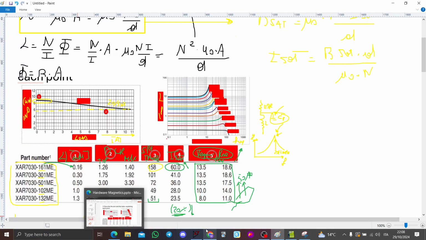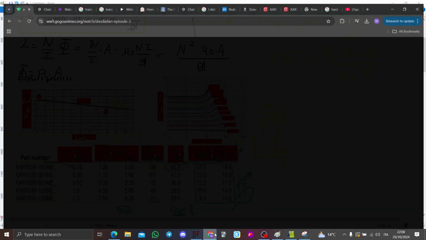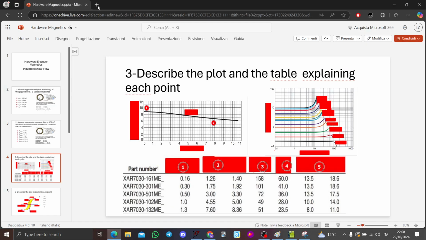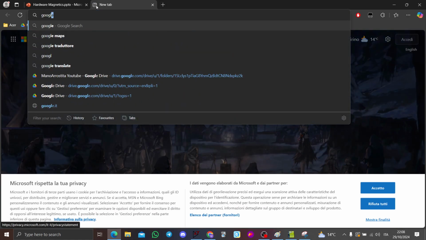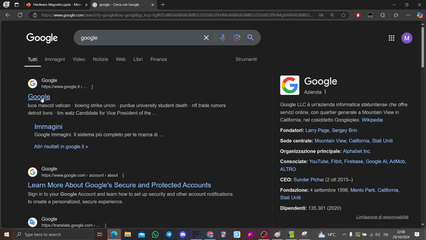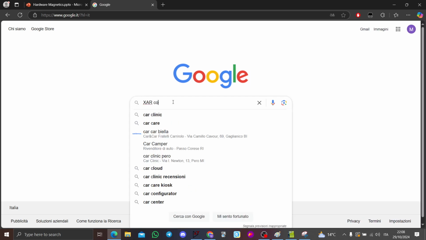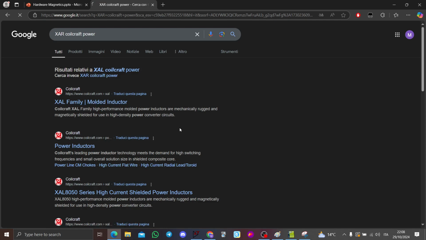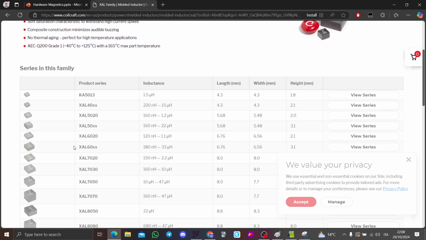Okay, let's find this parameter online. For instance, let's use XAR Coilcraft power.